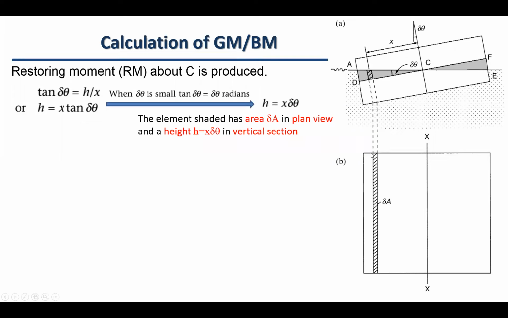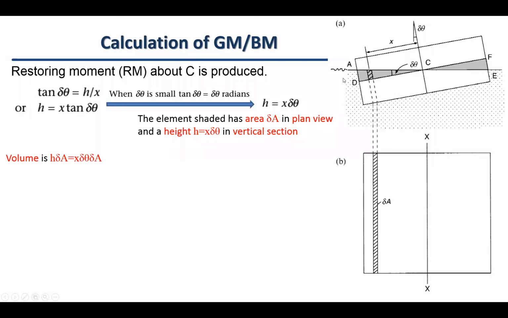In the next step, if we look at the shaded element, this hatched area has a delta A in plan view. We know the height is calculated here: h is x delta theta in the vertical section or side view.